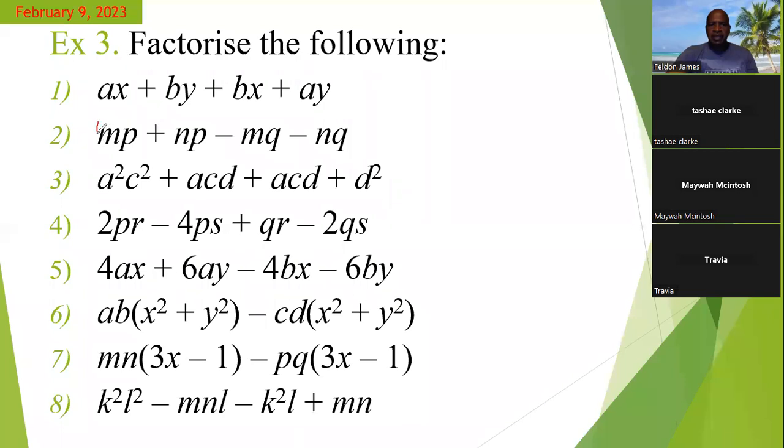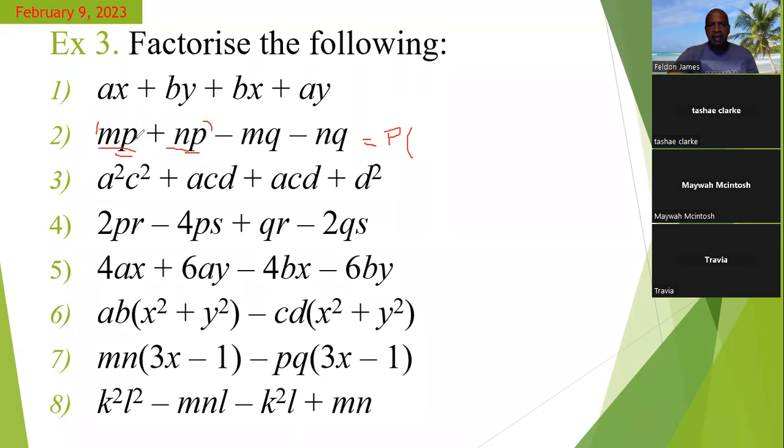So if you look at this pair, the common factor would be p, because p is common in both terms. So it means that we can factorize this pair by using p as the HCF. So we pull out our p, and now we open our bracket, divide each of these terms by p.